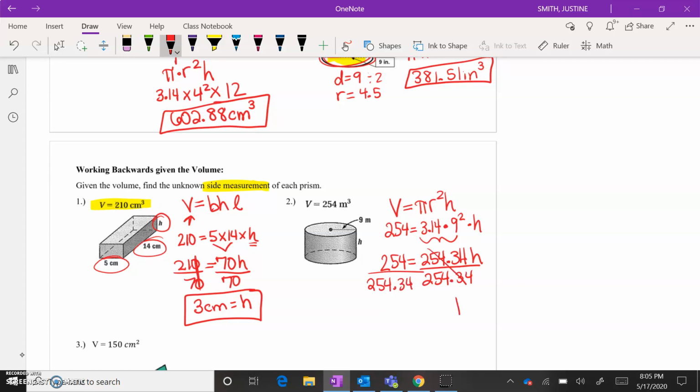And you're just going to type that into your calculator. And you should end up getting 0.998. So we're going to round that to 1 meter.